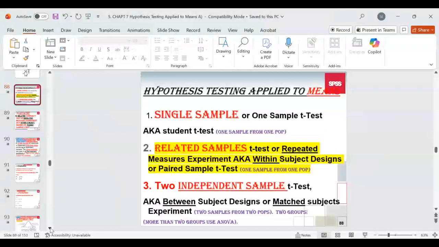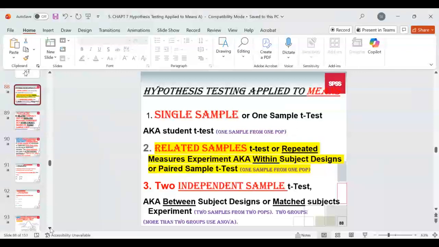We repeat the measurements. For example, if you want to do pre-test, post-test, same population, you measure your participants twice. Or before and after something, like pharmaceutical companies use this kind of t-test for their research, before patients take the medicine and after. It's a repeated measure design.